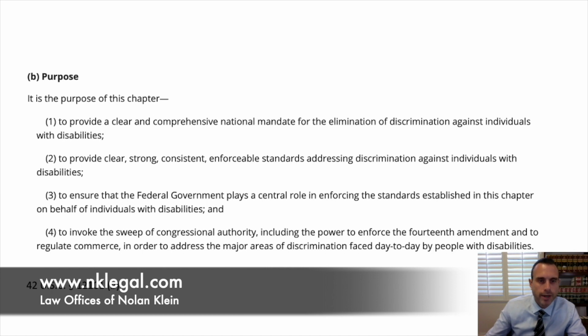The purpose is to provide a clear and comprehensive national mandate for the elimination of discrimination against individuals with disabilities, to provide a clear, strong, consistent, enforceable standard addressing discrimination against individuals with disabilities, to ensure that the government plays a central role in enforcing the standards established in this chapter on behalf of individuals with disabilities, and to invoke the sweep of congressional authority, including the power to enforce the 14th Amendment and to regulate commerce, in order to address the major areas of discrimination faced day to day by people with disabilities.